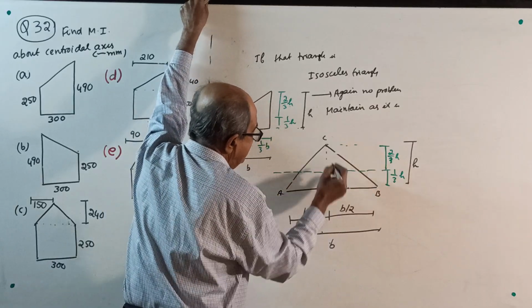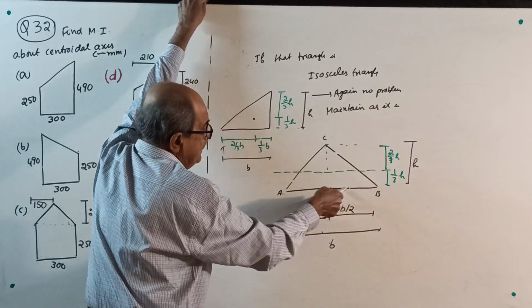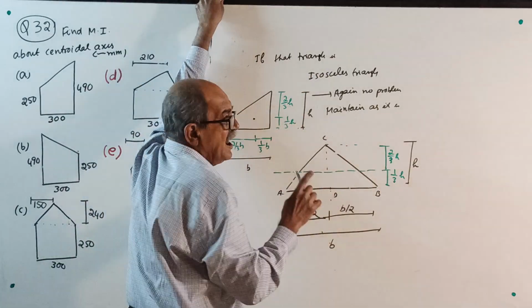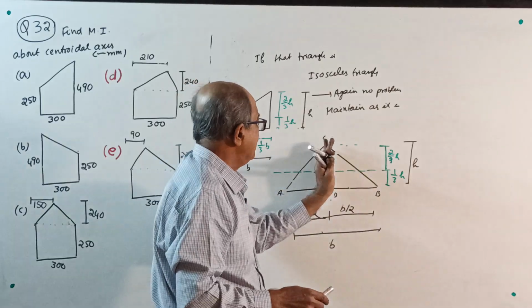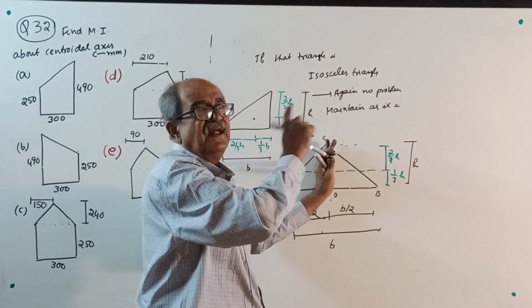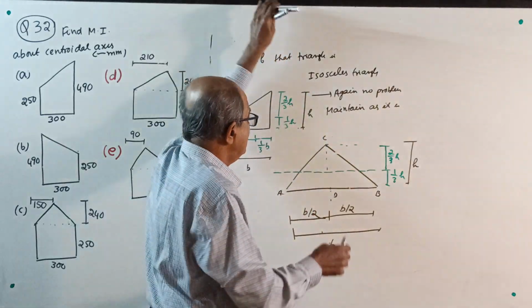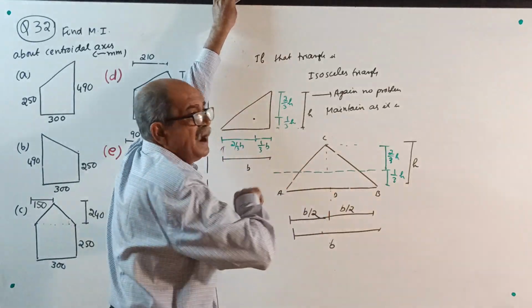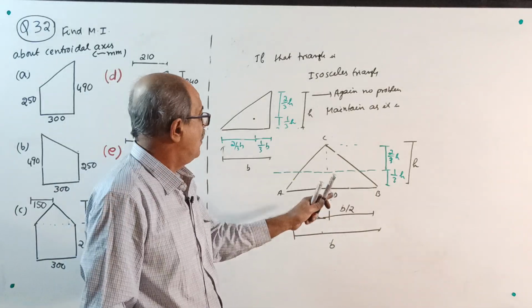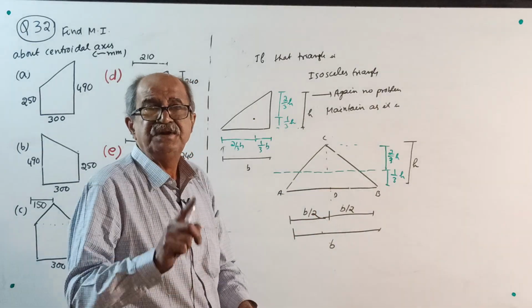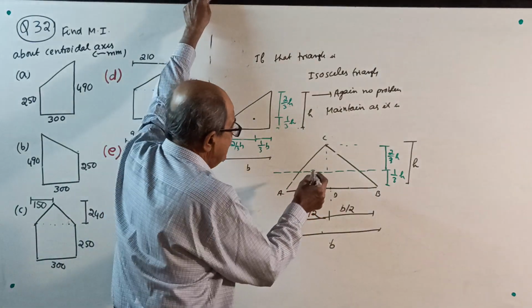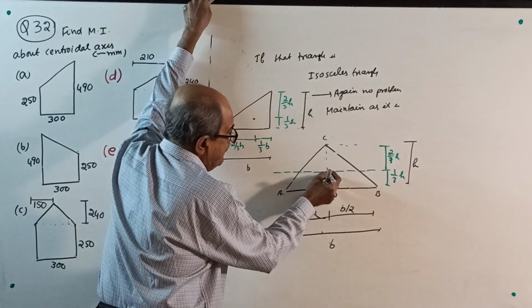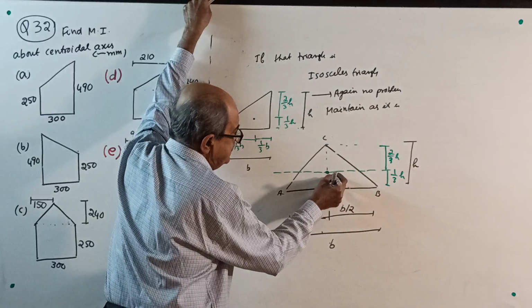Take D. AB is the base, correct, this way. But CD you can't take as base, because if you take CD as the base, either side you get triangles. CD is the common base for two right angle triangles. But still there is no problem, because symmetry is there. This way 1/3, this way the centroid is exactly here, centroid G.